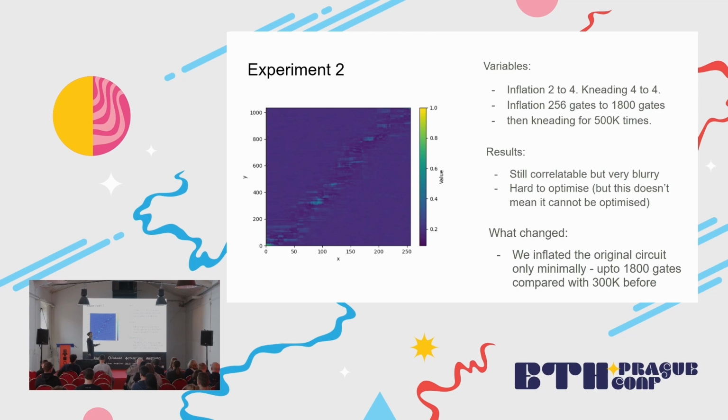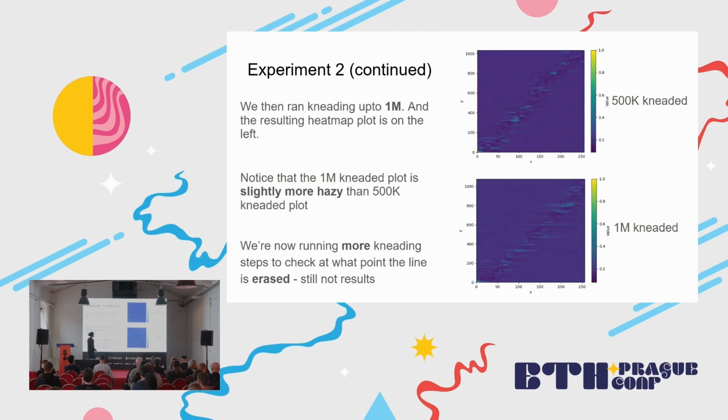What changed? Well, in this case, nothing changed. The only thing that changed was that we inflated very minimally, to 1800 gates instead of 300K gates. Then we got curious and, instead of just running 500K kneading steps, we ran the minimally inflated circuit for 1 million kneading steps.